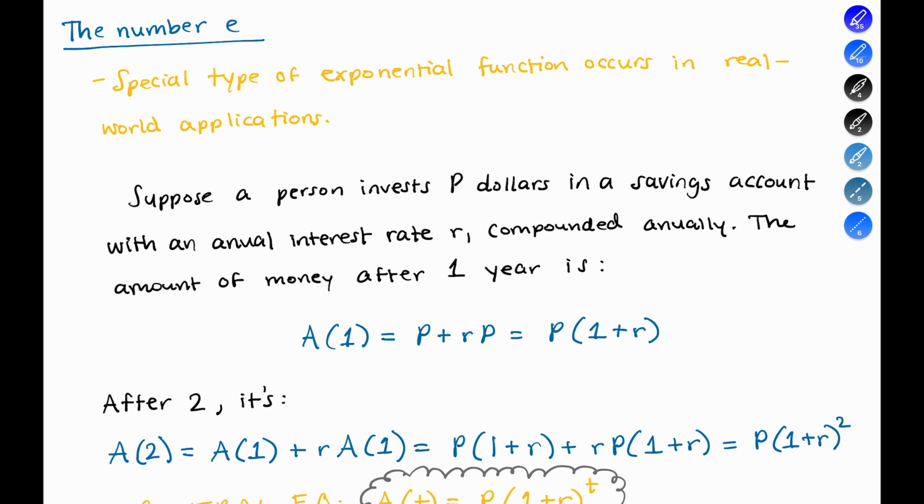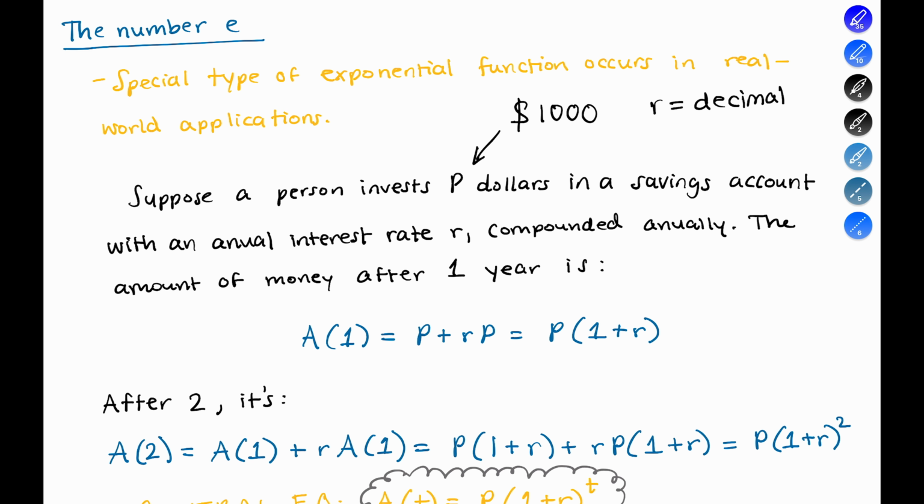So again, P is the amount of dollars, so we could give it an imaginary value, which is $1,000. There's $1,000 in a savings account with an annual interest rate R. Usually the interest rate is a percentage, but in this case, it is already converted into a decimal, so let's assume that R right now is a decimal.